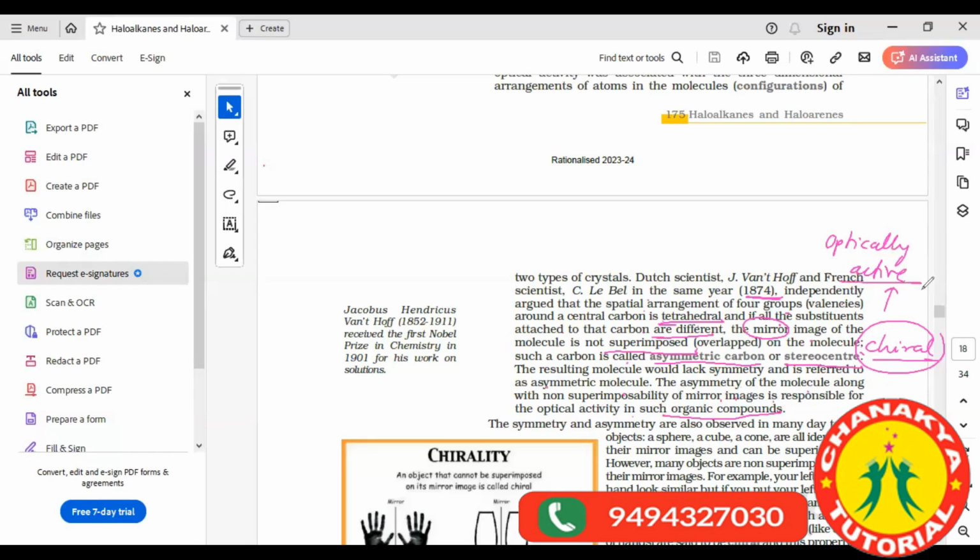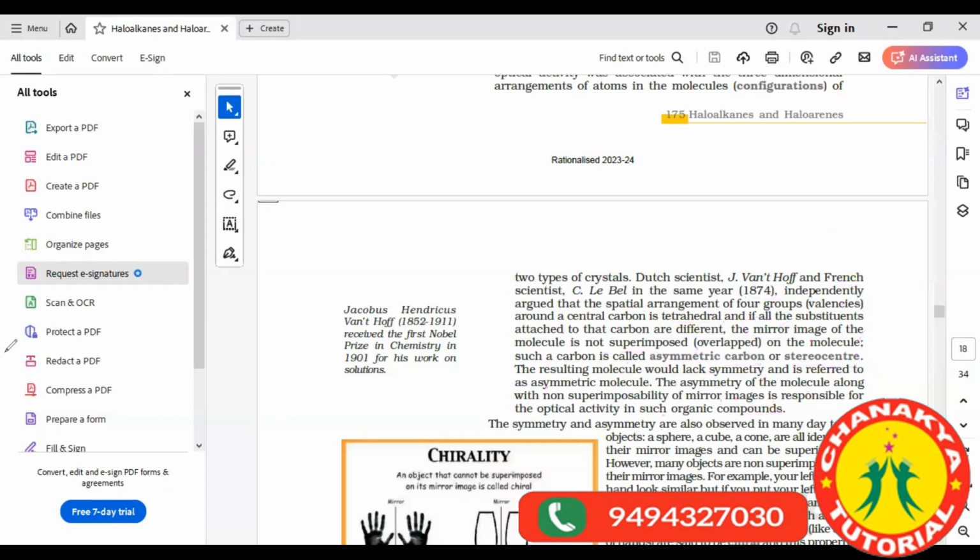Otherwise, they won't be optically active. A symmetrical carbon will not be optically active. An asymmetric carbon atom attached to four different groups is chiral in nature, an asymmetric or stereocenter, and that only can give you an optically active compound. Clear? Fine?